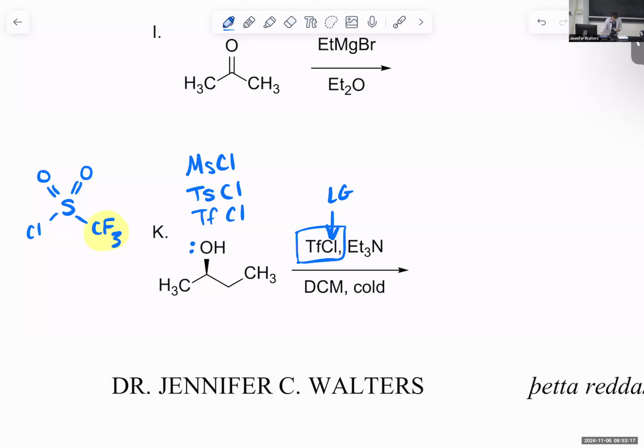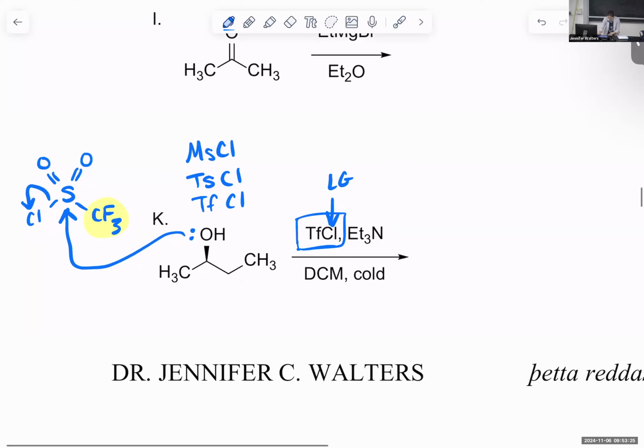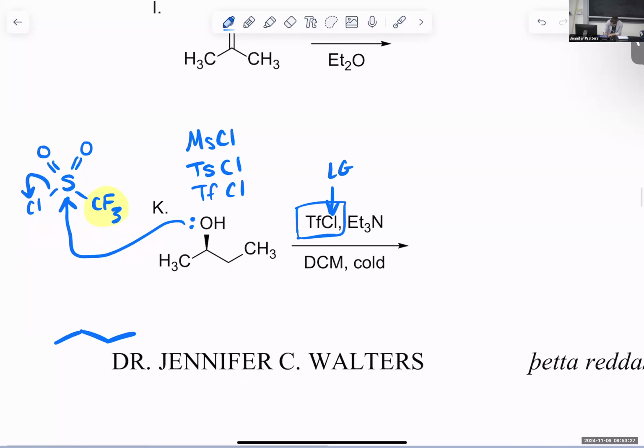When we do our arrows, the oxygen attacks the sulfur and kicks out the chlorine. The rest of the molecule came along for the ride so that we would get our wedged OH. You get your Tf there. I don't want to draw the whole thing, I'm just going to abbreviate to Tf. And you would have this protonated intermediate.